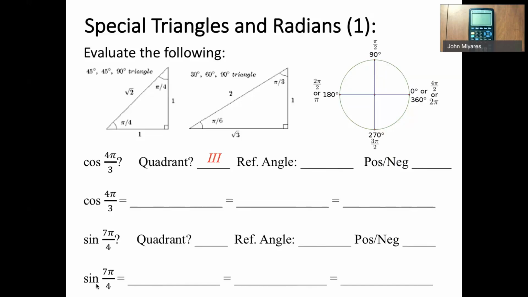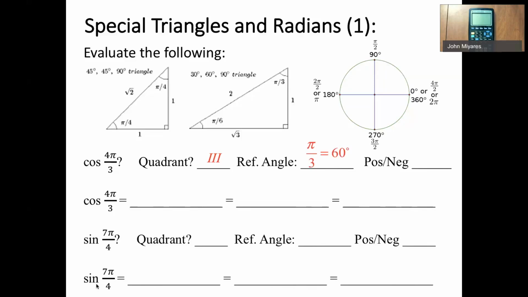The reference angle is determined by figuring out how far we are from the x-axis. As we said before, 4 pi over 3 is the same as 1 1/3 pi. So we're 1/3 pi units past the negative x-axis, which means our reference angle will be pi over 3, or 60 degrees.